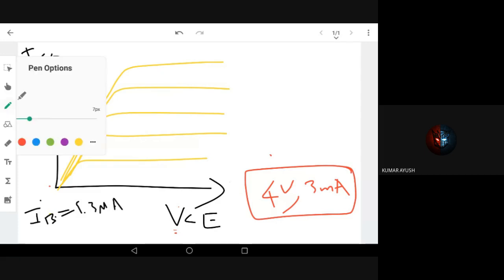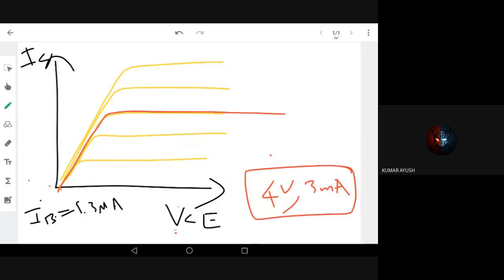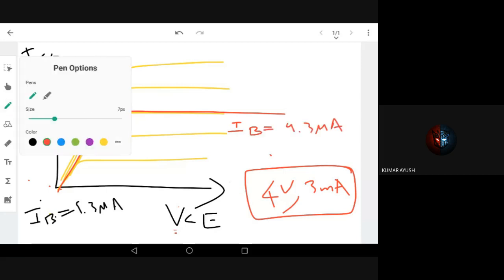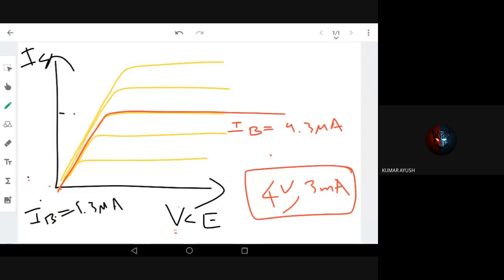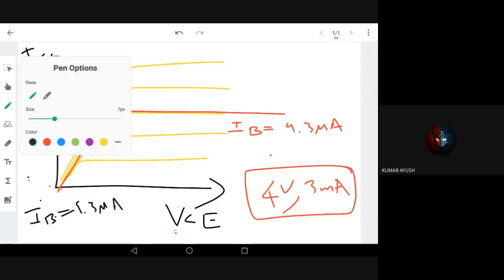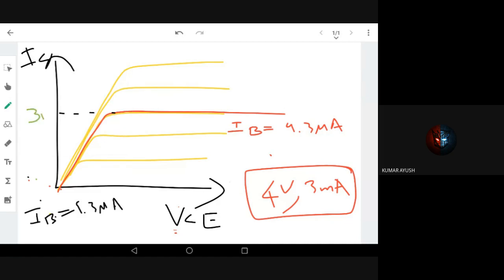Corresponding to that IB, I'll get a curve here, something like this. My IB in this circuit is 9.3 micro. Based on this curve, my collector saturation current will be around 3 milliampere. So this is the point, and this is the curve I'm interested in. This is the curve my transistor is operating on right now. And the exact voltage, we also got, 4 volt.